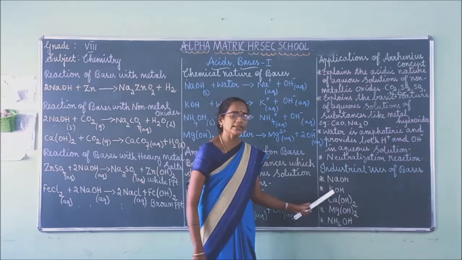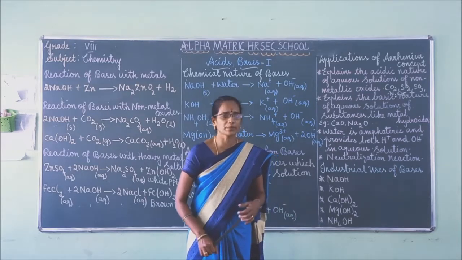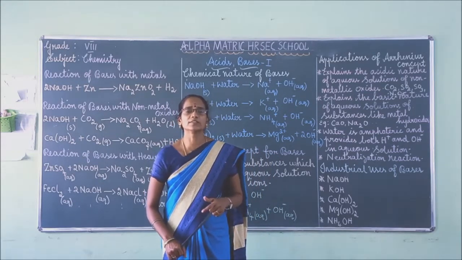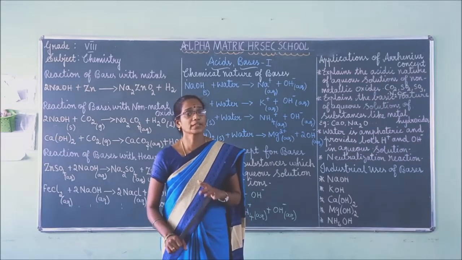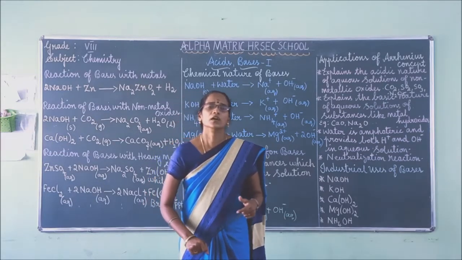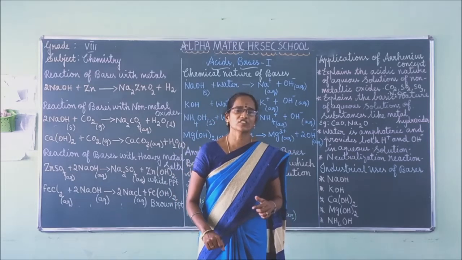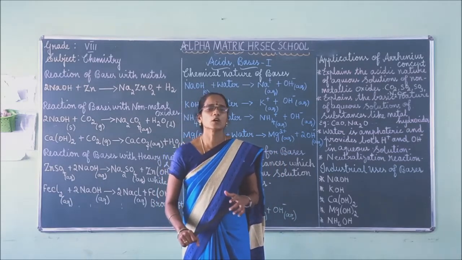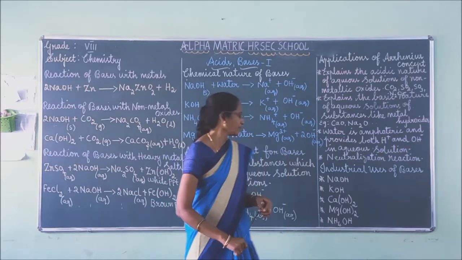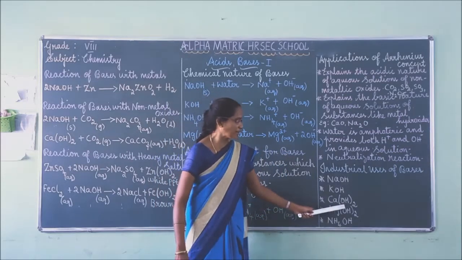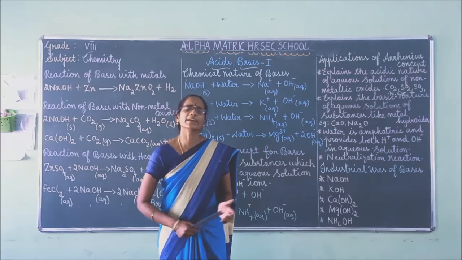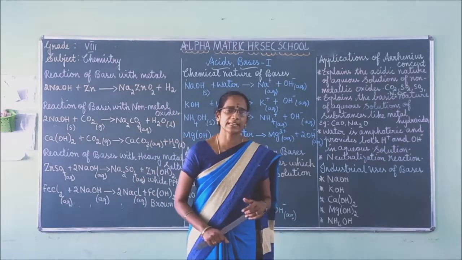Next, KOH is potassium hydroxide. Potassium hydroxide is otherwise known as caustic potash. It is mainly used in alkaline batteries, and also for making soft soaps. Next one is calcium hydroxide, Ca(OH)2. Calcium hydroxide is otherwise known as slaked lime.